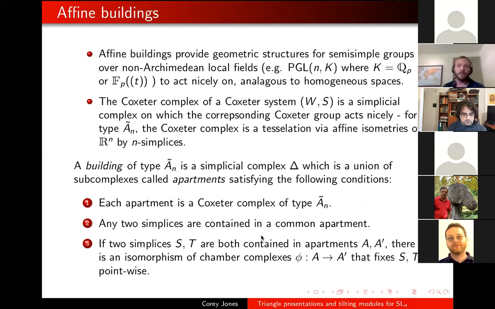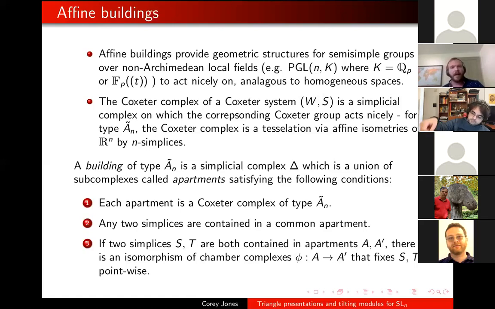If I pick any two simplices, there's some apartment, or affine A_n Coxeter complex, that contains both of them. So this isn't like a disjoint union of Coxeter complexes.